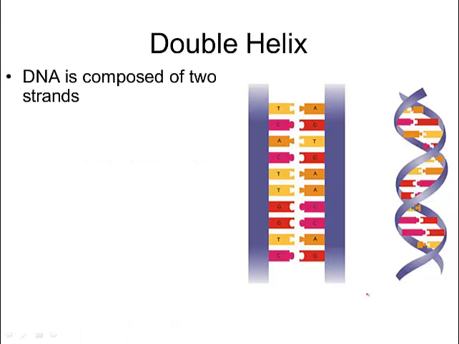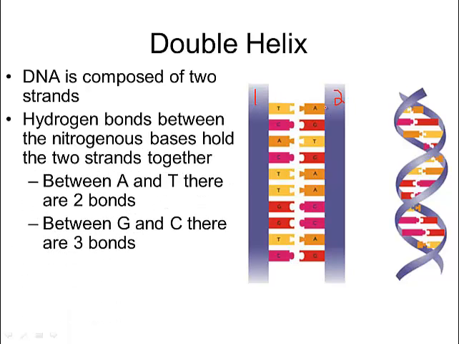Okay, so as those DNA nucleotides come together, we end up forming what is called the double helix. DNA is composed of two strands. So here's one strand and here's the second strand. And there are hydrogen bonds that are between the adenine, thymine, guanine, and cytosine that are going to hold those two strands together. So between the adenine and thymine, there are two hydrogen bonds that hold them together.